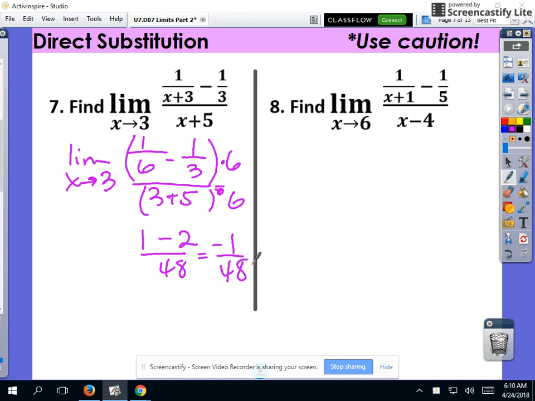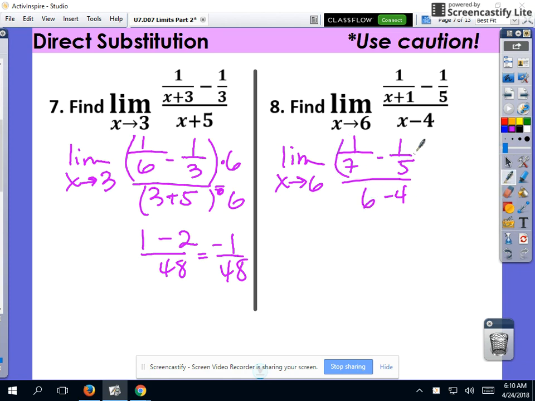No real restrictions with this, so you should be fine. For number 8, plugging in 6, the limit as x approaches 6 is 1 over 7 minus 1 over 5, over 7 minus 4. Oh, I plugged in 7 in the bottom. Okay, 6.